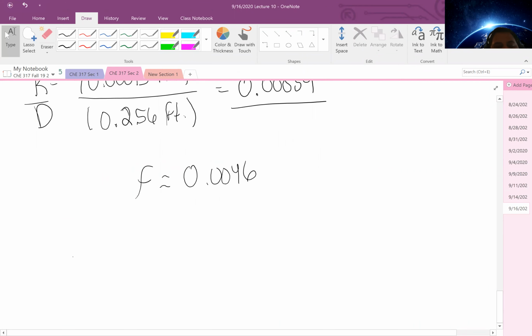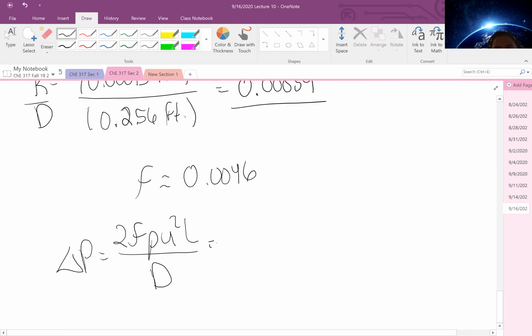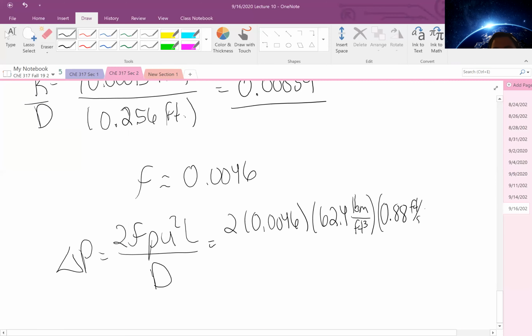And with that in mind, we can now calculate our expected pressure drop by this expression. So 2 times 0.0046 times the density, 62.4 pound mass per cubic foot, times the velocity, which we found was 0.88 feet per second, squared, times the length, which is 100 feet, divided by the diameter, which was 0.256 feet.